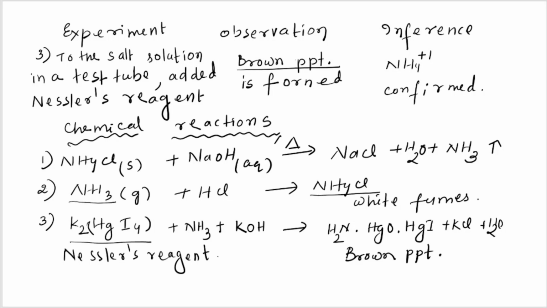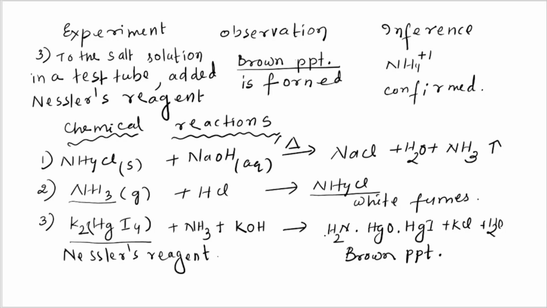Without any reaction, you can't say whether a confirmed test is finished or has any importance. So the chemical reaction should always be given and understood, then how the reaction takes place and how the confirmed test is done. Now see, this is Nessler's reagent: ammonia smell is coming, ammonia is there inside, and it gives a brown precipitate. That is very, very important.